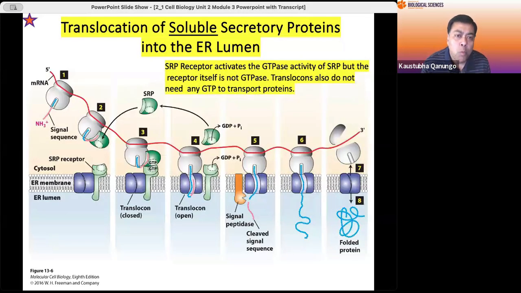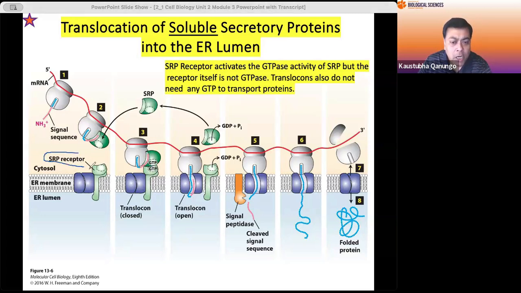So let's review one more time the translocation of soluble secretory proteins into the ER lumen that we already talked about. It is the same thing. And here you can see that SRP is bringing those. And remember that there are 2 subunits of the GTP. Just remember that the picture sometimes shows you an empty space like that, occupied by the GTP. But remember the SRP receptor, this is the important part that you can take a note of.